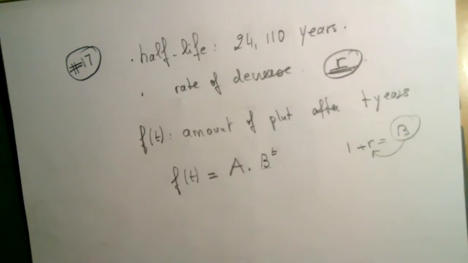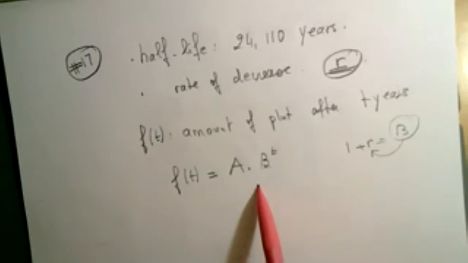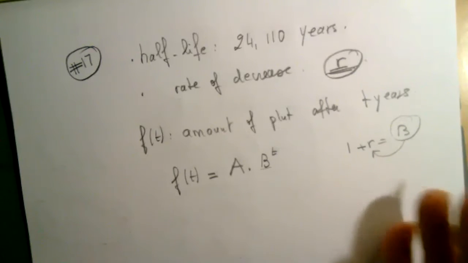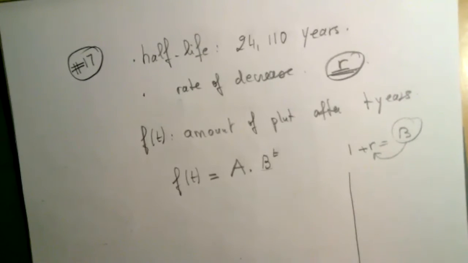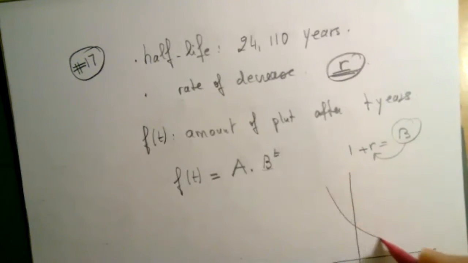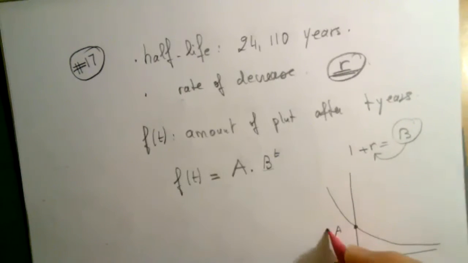Can I find the growth factor? Did they give me enough information to find it? Yes, because if you double the half-life, then that's your initial value. That makes sense to me. But how can we write this? This is decreasing, and this is unknown to me.